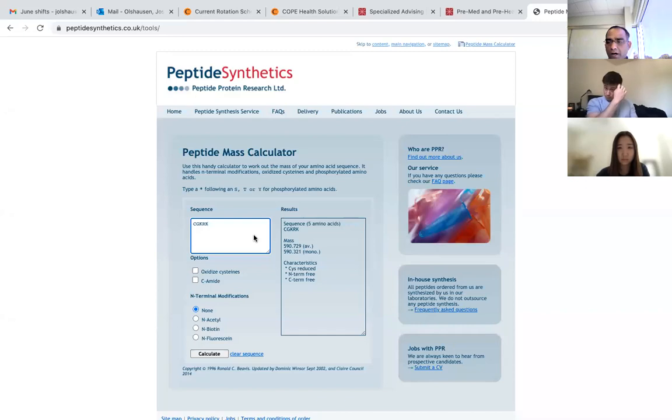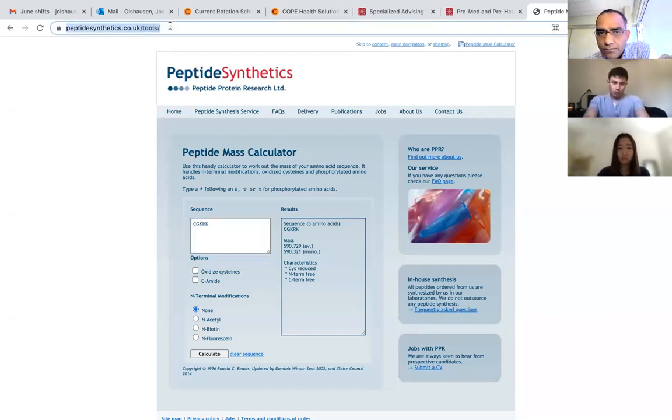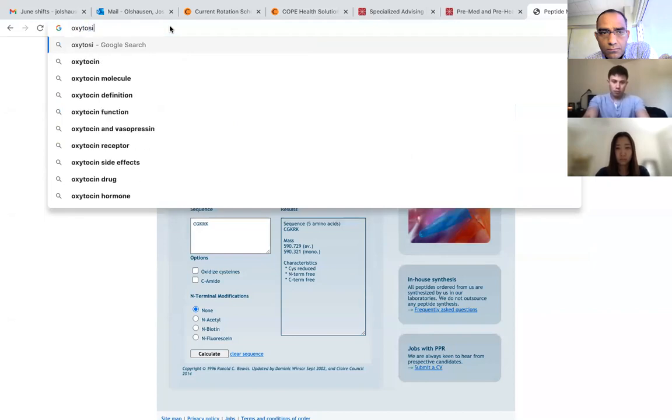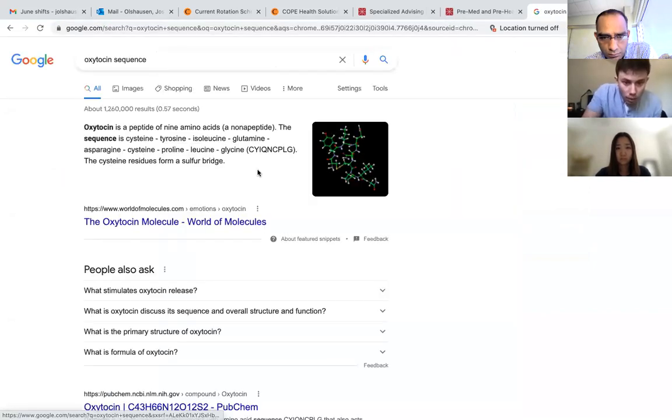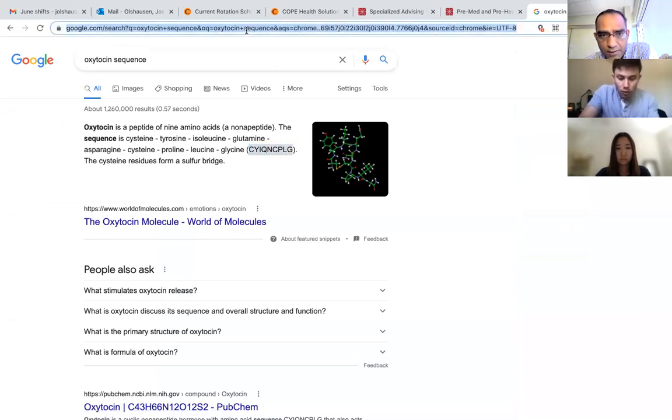Okay, so I told you yesterday to go to Google and check the sequence of oxytocin. Copy this. Go to the peptide mass calculator.